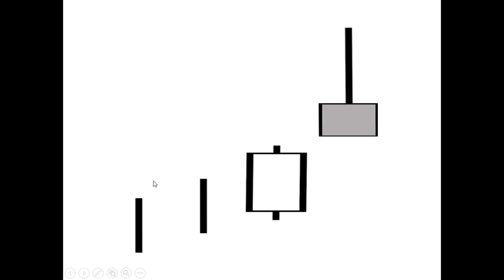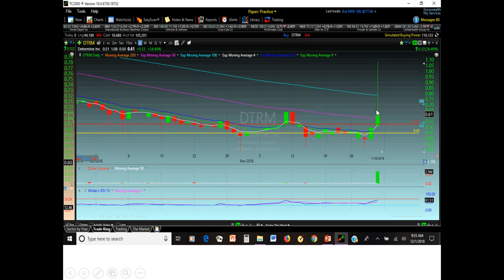This trend is an upward trend. Typically, when you see this candle at the top of an upward trend, the trend is done. So just a quick example. You've got 1, 2 days. DTRM, Determined Incorporated, had a complete blow off top.